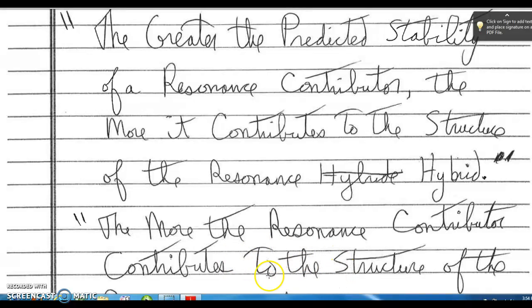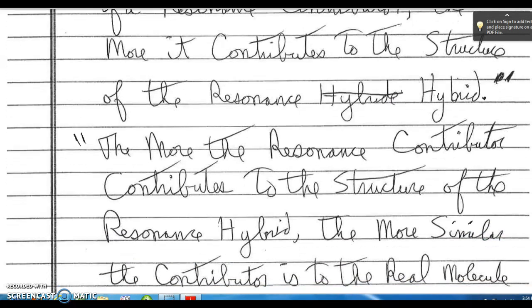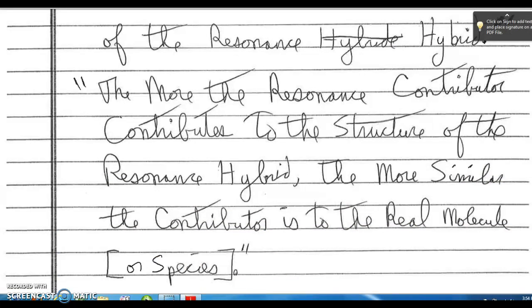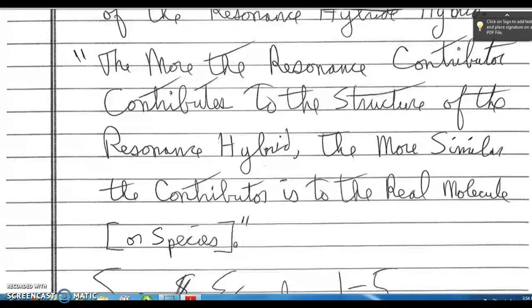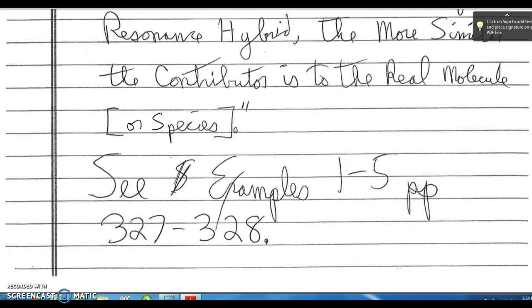The more a resonance contributor contributes to the structure of the hybrid, the more similar the contributor is to the real molecular species. There are examples on pages 327 to 328, examples 1 through 5. And that's all I have for you right now.